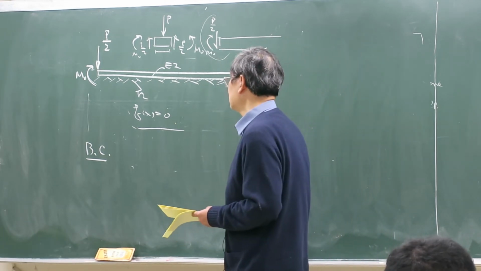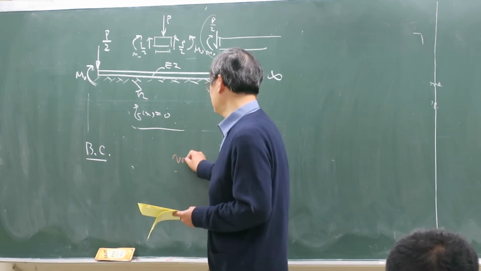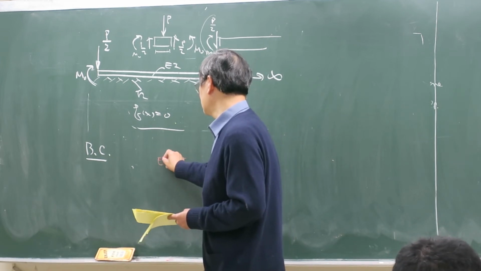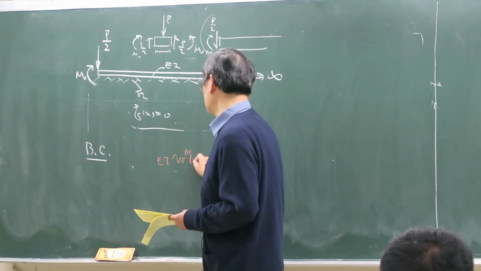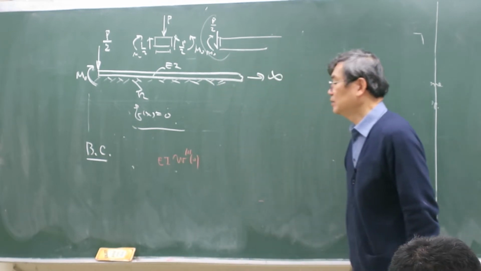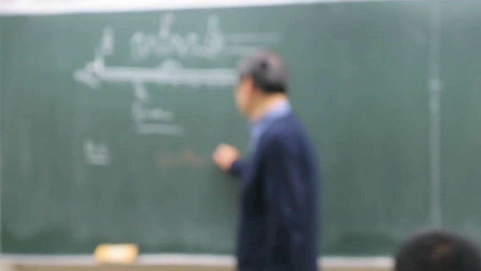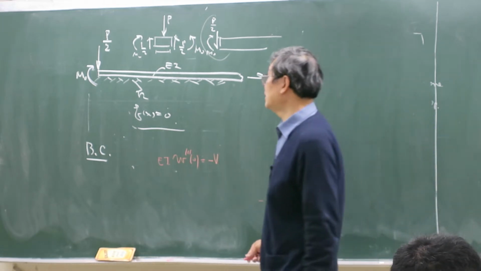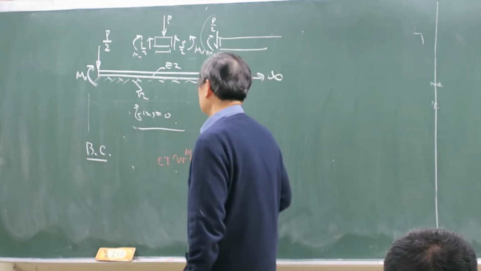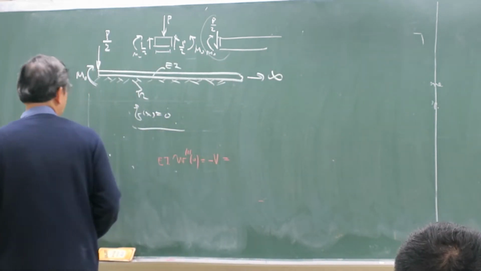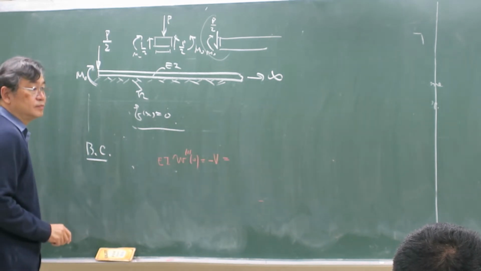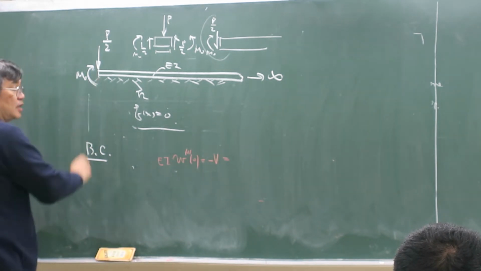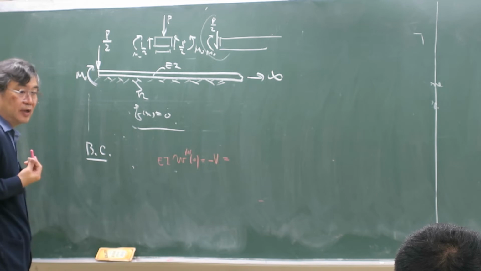So we have EI W triple prime at 0 equal to shear. So how much? This will be minus V, right? Minus V. So what is V? V here is positive or negative? For this end, positive V will be up, right?